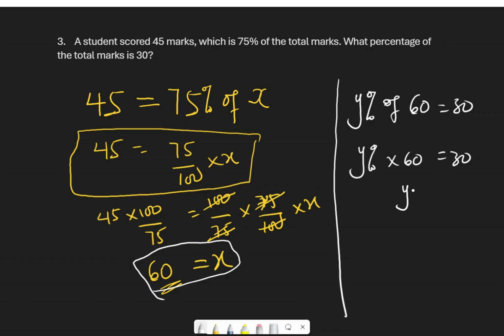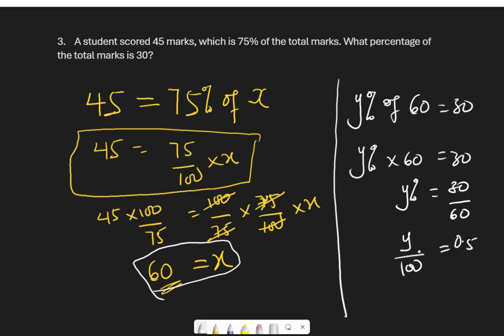You can write it any way you want, manipulate it. This is 30 over 60. It means I'm dividing through by 60. You realize that I've been using different approaches, but it's the same concept. So I have y percent, which is y over 100. This 30 over 60 is 1 over 2, which is 0.5.